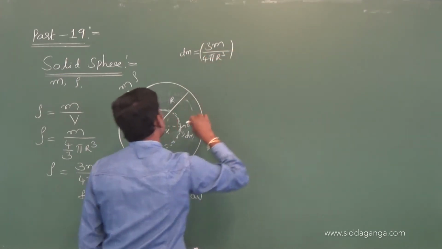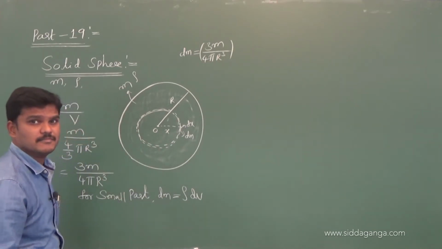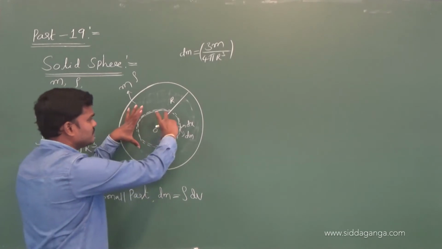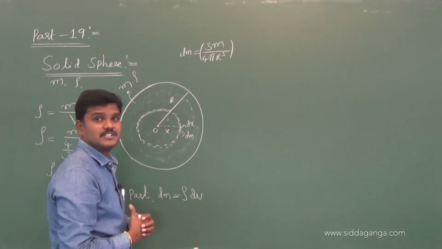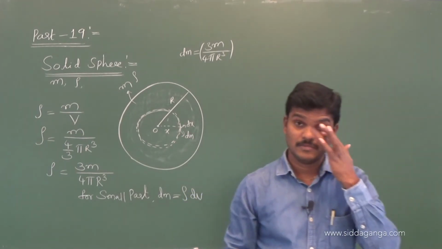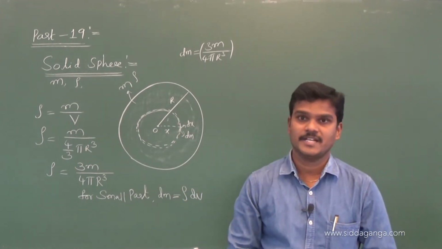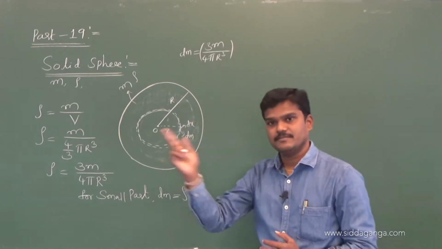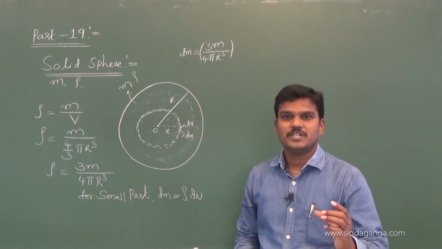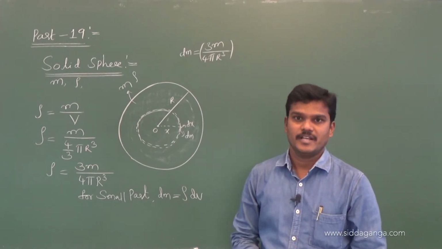dV is nothing but the area of the shaded region times the thickness. If you take this part outside, it is like a hollow sphere whose radius is x.